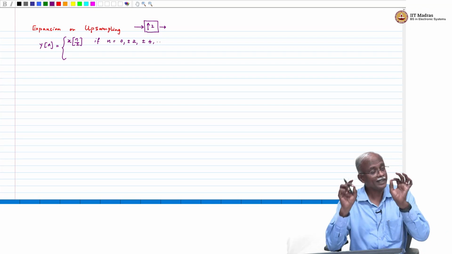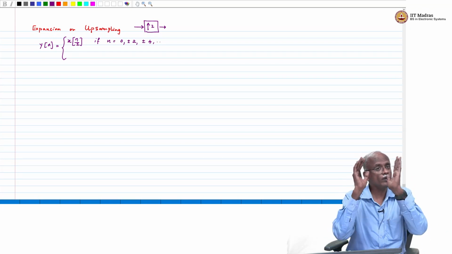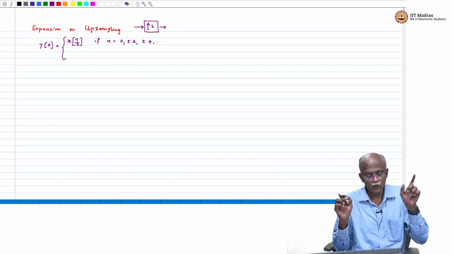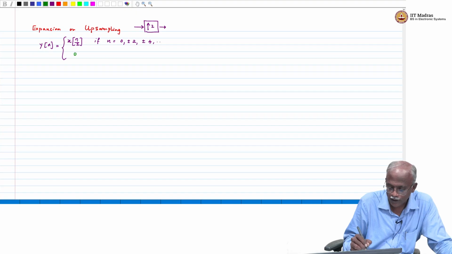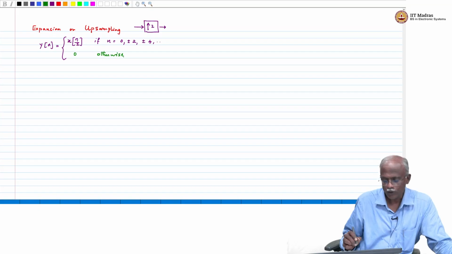Because remember, a discrete time sequence is defined only when the argument is an integer. So, for all these values you will get an integer, and it is equal to 0 otherwise.